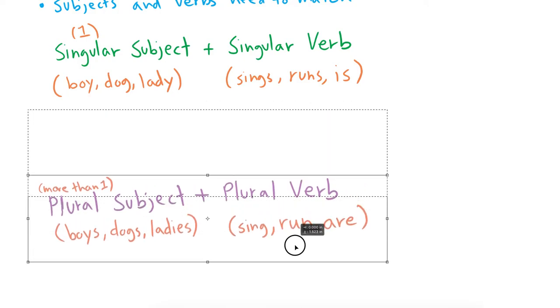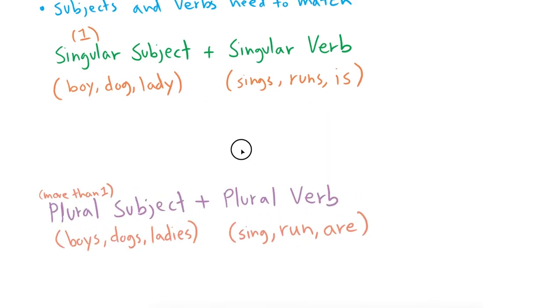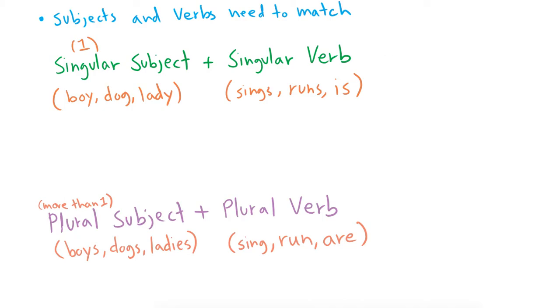Okay, so let's make some sentences. Let's match up boy with sings. So I can say the boy sings well, right? Boy and sings. And I can say the dog runs fast.